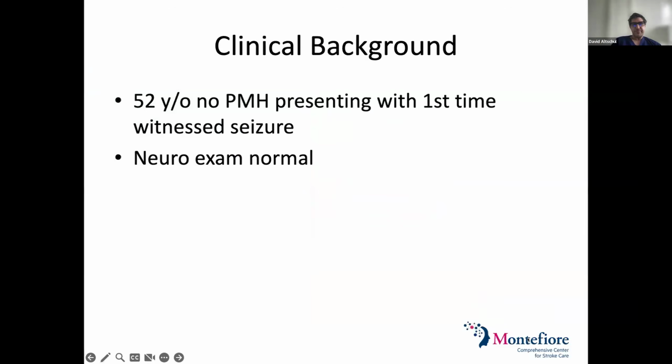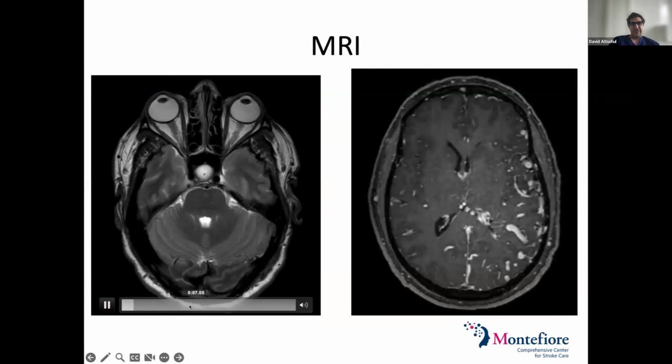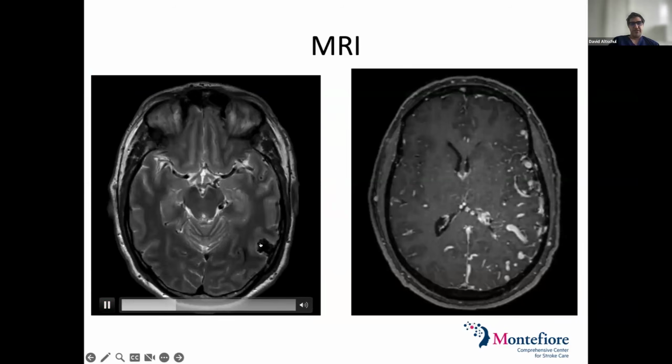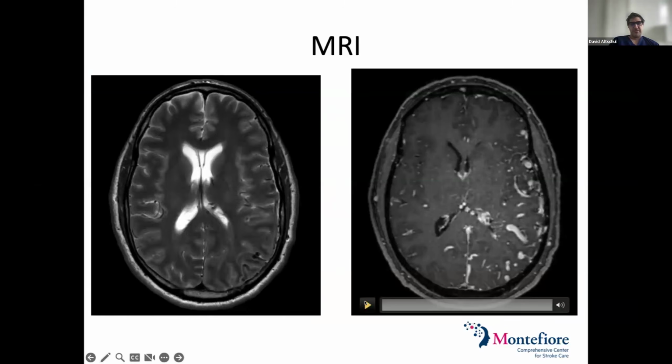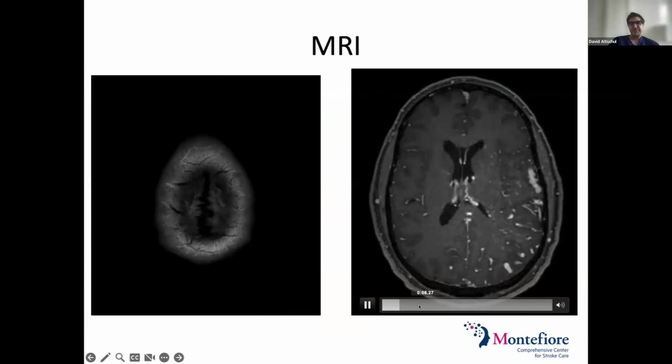So this was a 52-year-old who presented with a seizure, no other medical history. Very similar to Eytan's, just on the other side, there's what looks like a nidus, but it seems to be on the left side with severe cortical venous hypertension.